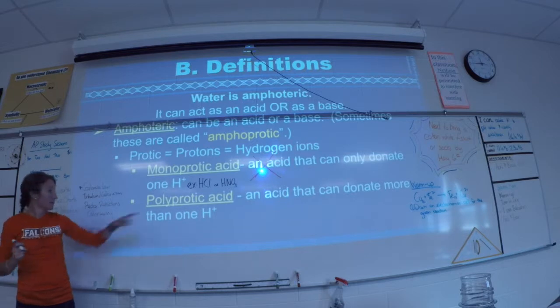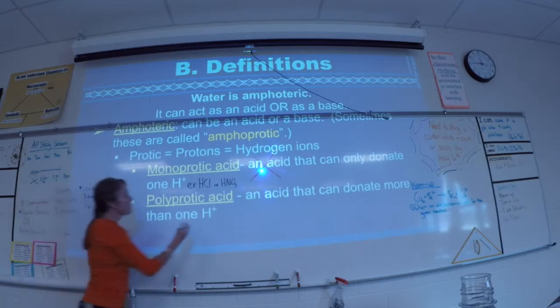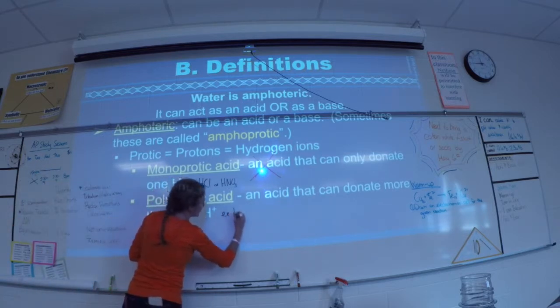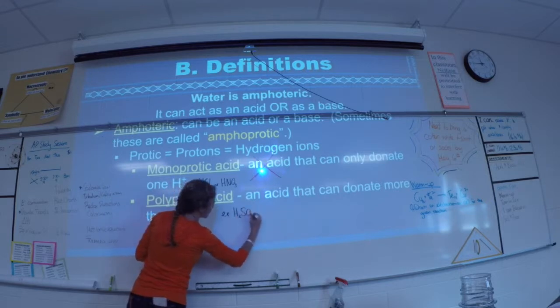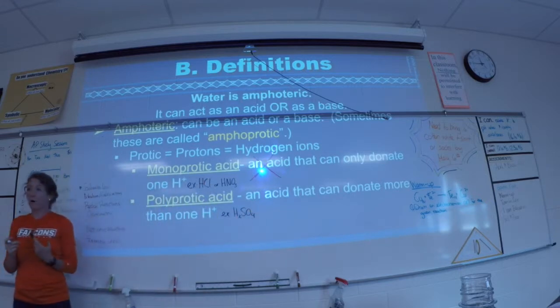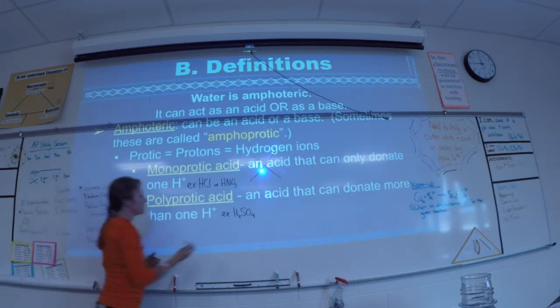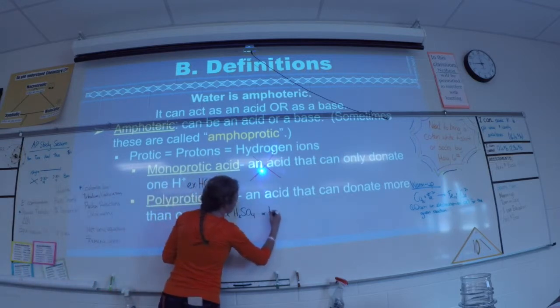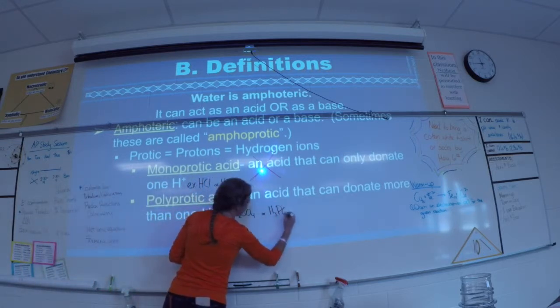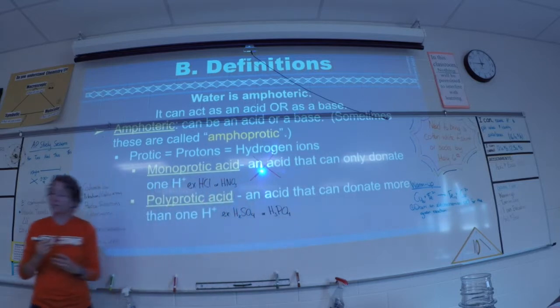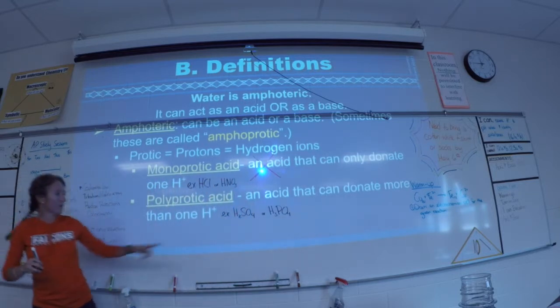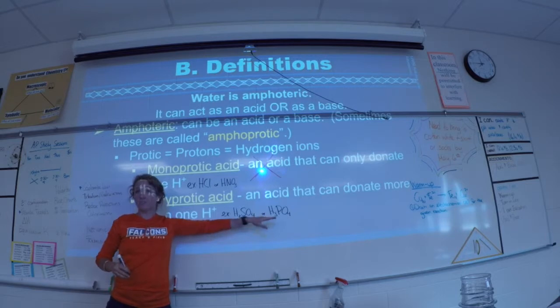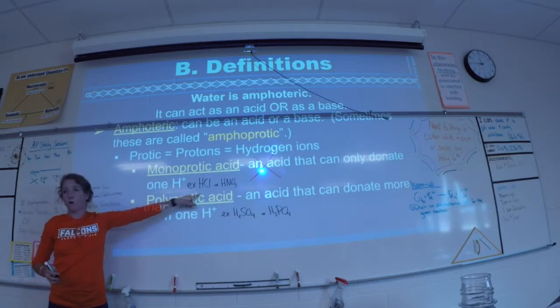But a polyprotic has more than one. Like H2SO4, sulfuric acid, would be polyprotic. Another example would be phosphoric acid, H3PO4. So poly means multiple protons, multiple hydrogens. Mono means just one.